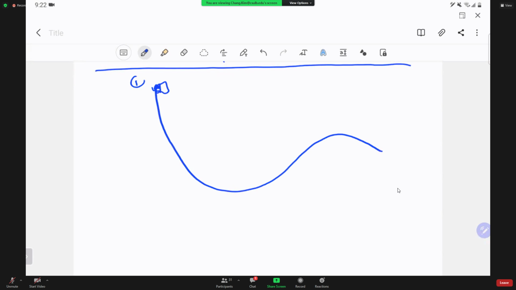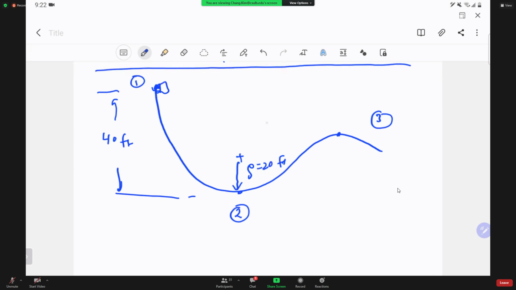This is position 1, and at the bottom I'm going to call that position 2, and this is going to be position 3. The height of this is 40 foot, and this has a radius of curvature of about 20 foot.